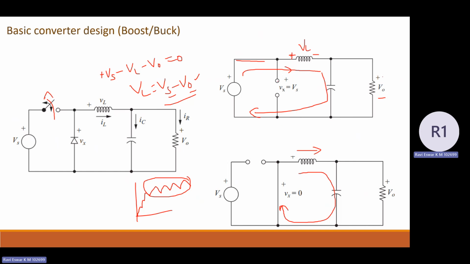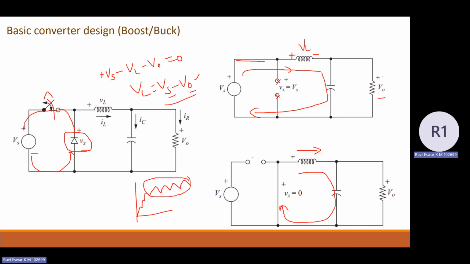Even you can check in mode 1, when I turn on the switch, the diode is going to be in reverse bias, because the supply plus is connected to the diode cathode and the supply minus is connected to the diode anode. So the diode is in reverse bias mode, so it is in off state. So when I turn on the switch, the diode is in off state.